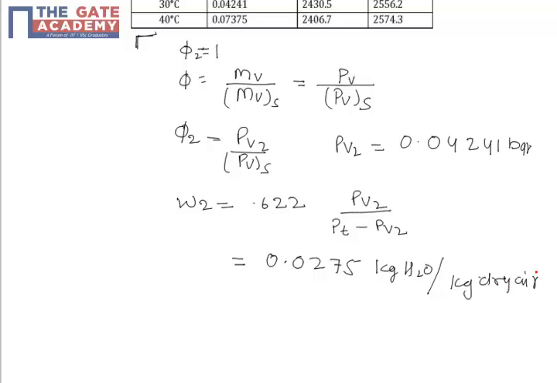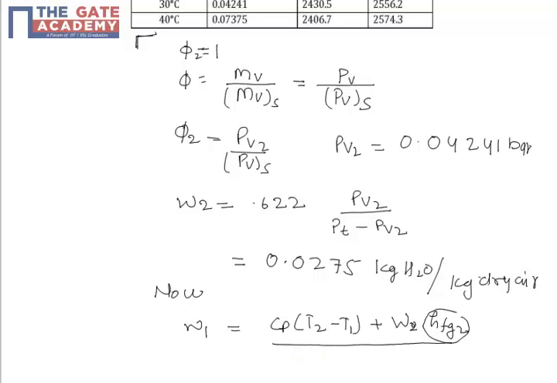Okay, now if we have to find out the value of specific humidity at the entering point, then W1 is Cp into T2 minus T1, plus W2 into HFG2, divided by HFG1. HFG is nothing but Hg minus Hf at the respective point, so here it is Hg1 minus Hf2.